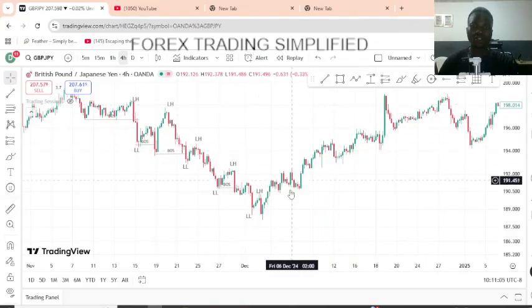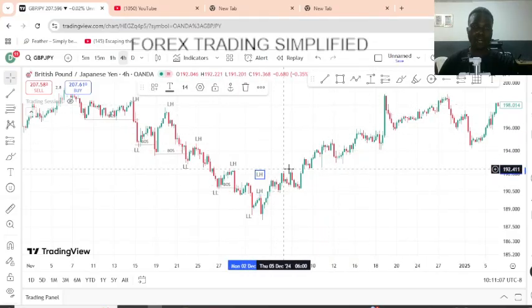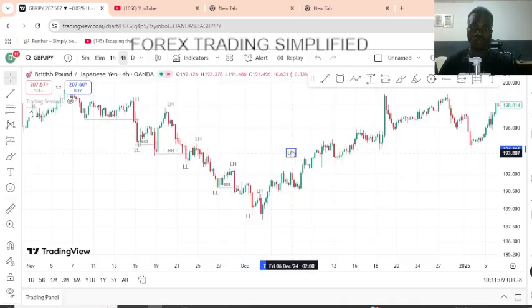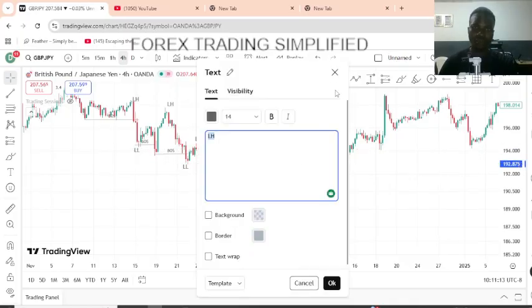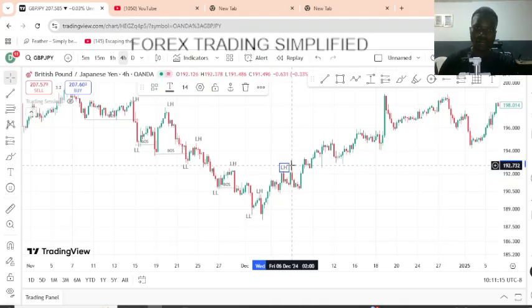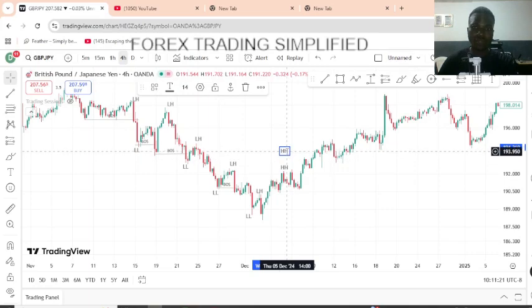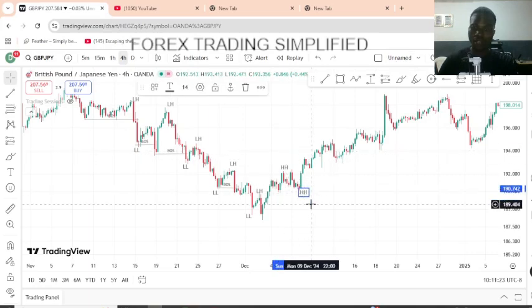Okay, so let us create our break of structure for our higher highs and higher lows. So now we have a higher high. Okay, then we have our higher low.